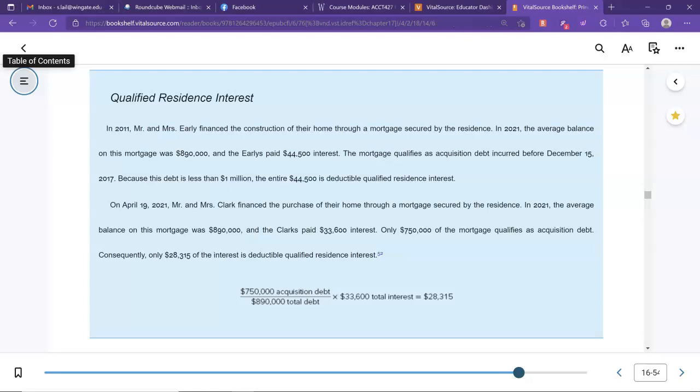I want to point out both, because you still work with mortgages that were acquired before December 15, 2017. Well, that's not unusual at all. So if the mortgage qualifies as acquisition debt incurred before December 15, 2017, the limit you're going to be able to take in total is $1 million.